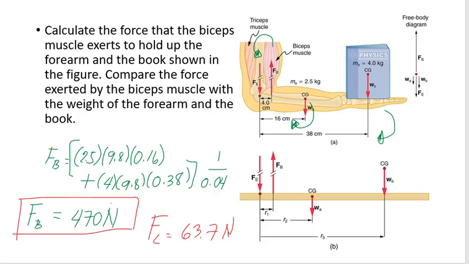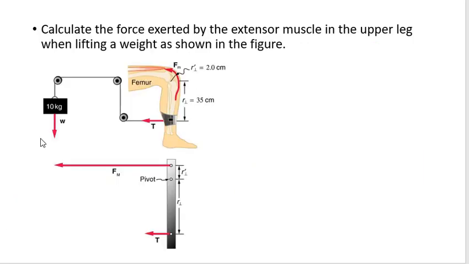Alright? Next. For the next problem, calculate the force exerted by the extensor muscle in the upper leg, the system when lifting a weight as shown in the figure. So you have there 10 kilograms. Take note that the weight will be translated as tension here.